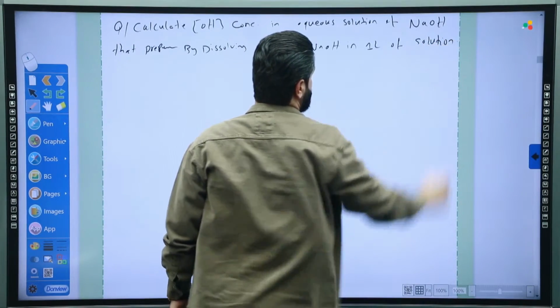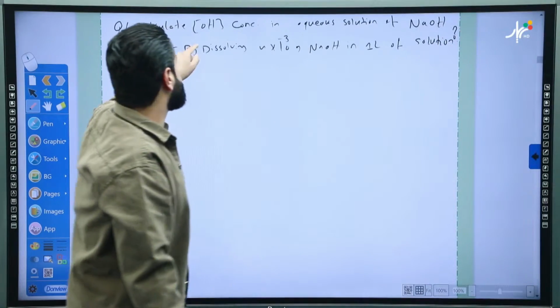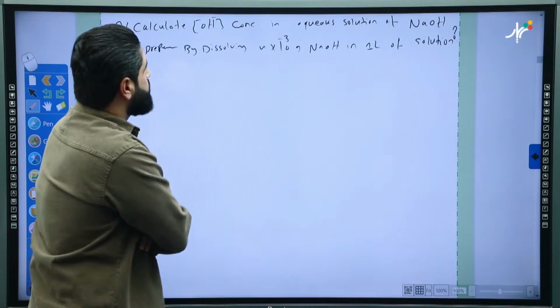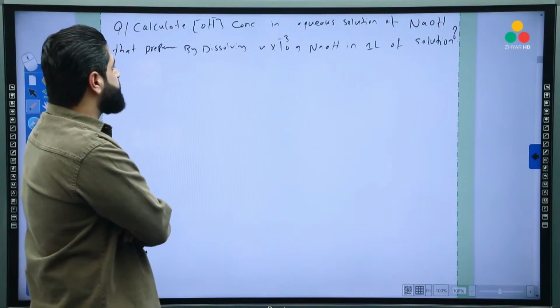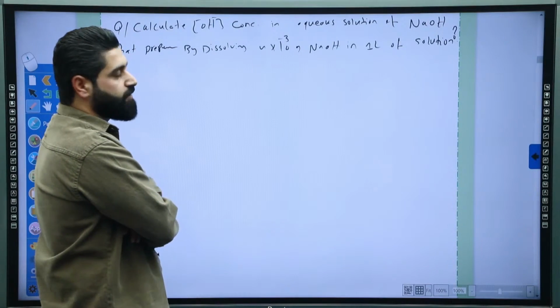Very good. So calculate the hydroxide ion concentration in the aqueous solution of NaOH prepared by dissolving 4 times 10 to the negative 3 grams of NaOH in 1 liter of solution.